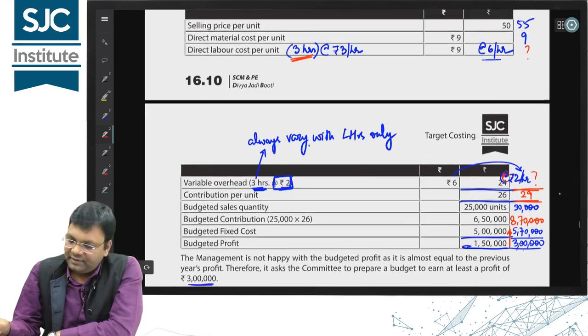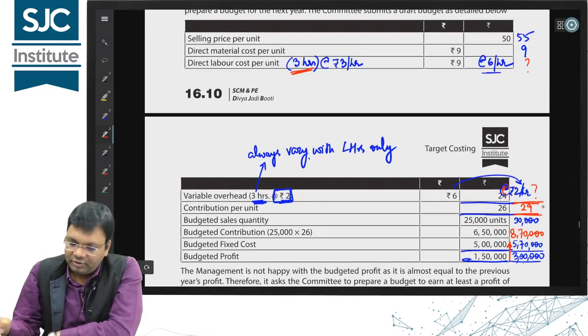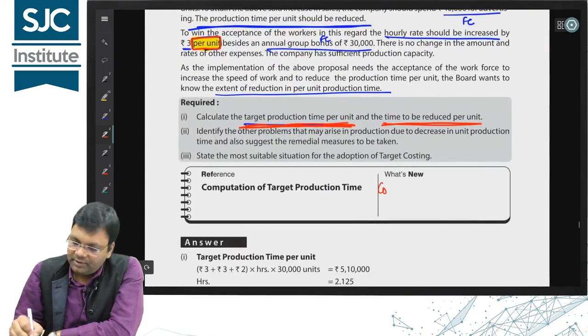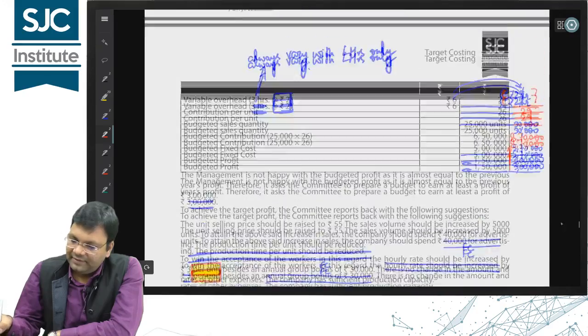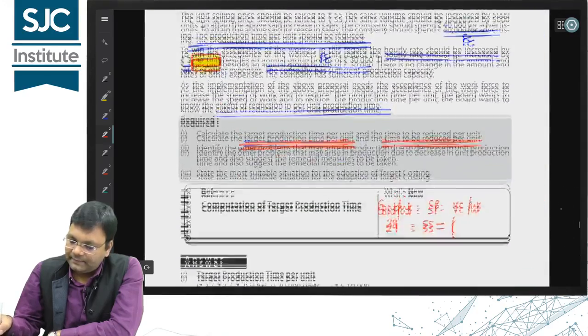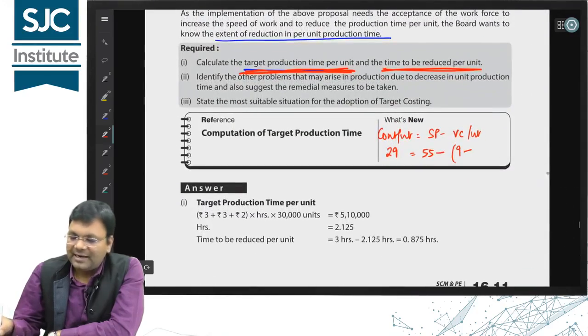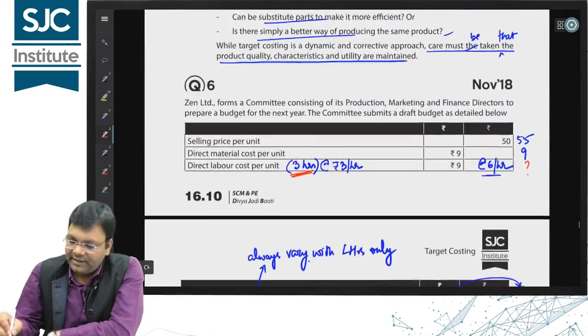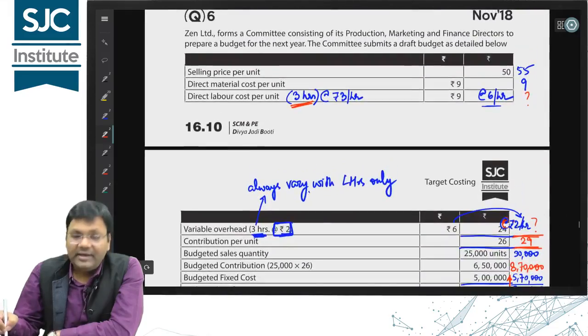If you see the working, contribution per unit should be equal to selling price minus variable cost. So contribution desired is 29, selling price is 55, and variable cost material has the same rate of rupees 9. Then we should subtract labor cost and variable overhead cost. For labor we know the rate, for variable overhead also we know the rate.